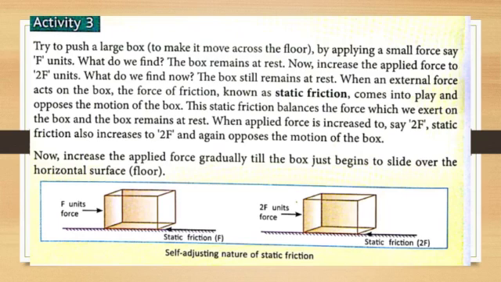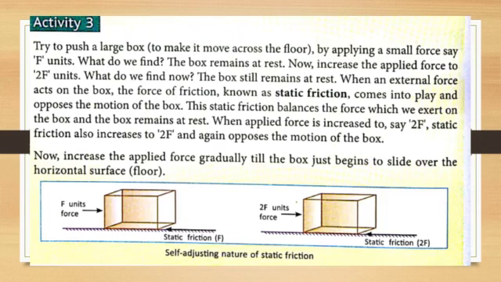So this activity shows that the force of static friction increases with an increase of applied force. It means static friction is a self-adjusting force; it increases or decreases according to the force applied. It can increase only up to a certain limit.